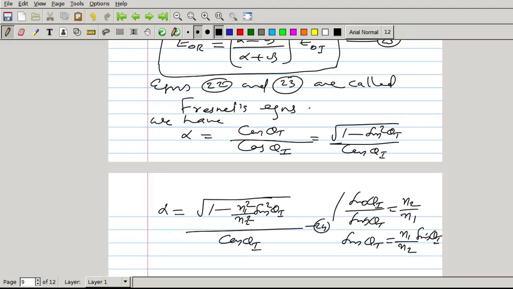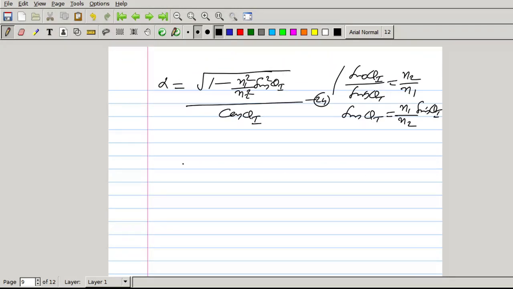From equation 24, it is clear that the value of alpha depends on the angle of incidence. As the angle of incidence changes, alpha changes. As alpha changes, the amplitude of the reflected and transmitted waves changes.